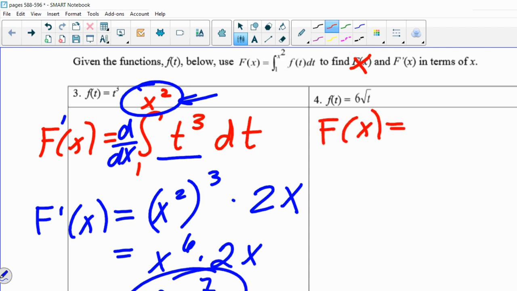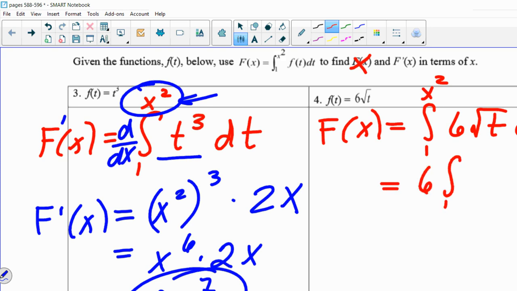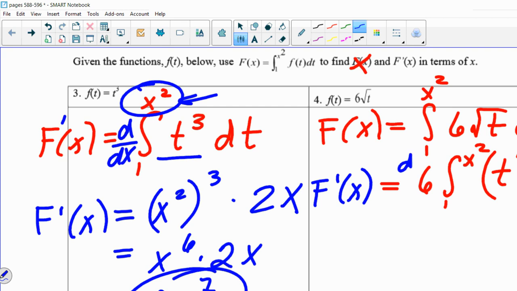Pretty cool. All right, this one. Big F of x is the integral from 1 to x squared of f of t dt, which is 6 times the square root of t dt. Now I'm going to rewrite that. I'm going to pull the 6 out because you know you can do that. Of t to the 1/2 dt. Now I may decide I don't want to write t to the 1/2. I may decide to go back to square root of t. I don't know yet. So F prime of x will be the derivative of this.